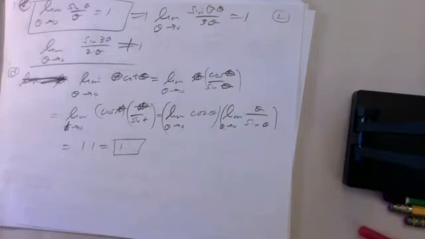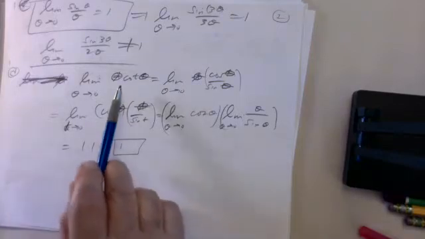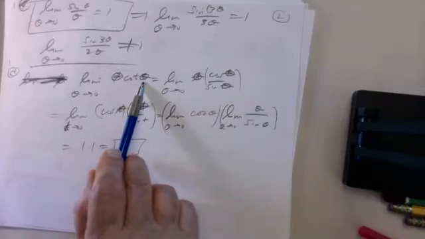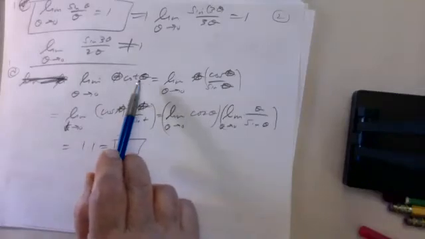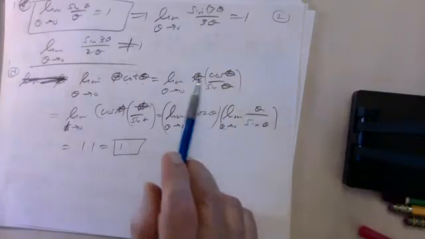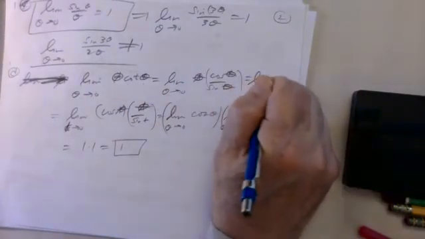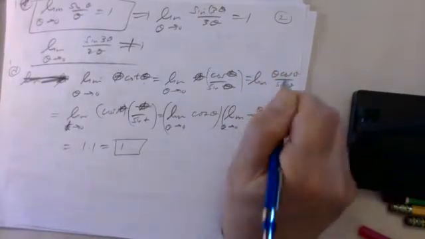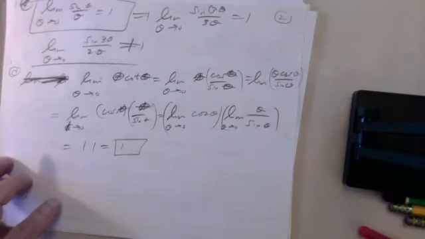Professor, I don't get this part. Well, which part? This one, because sine theta over theta, cotangent theta. Okay, the cotangent is the cosine over the sine. So this is the limit of theta cosine theta over sine theta. Is that okay? Yes.